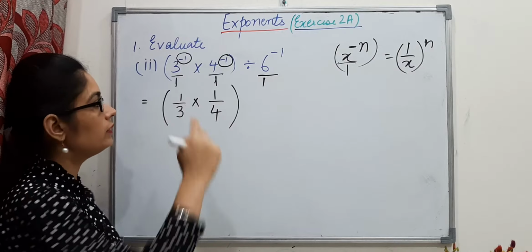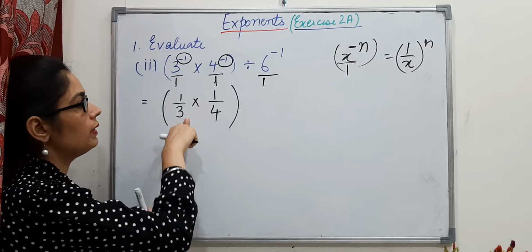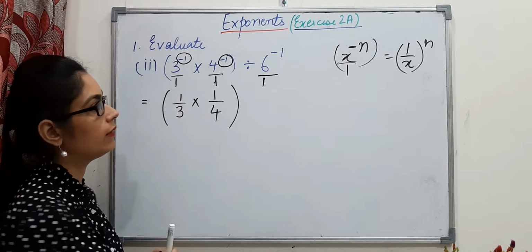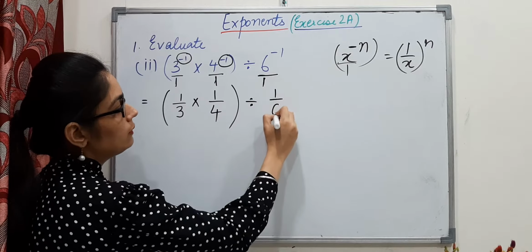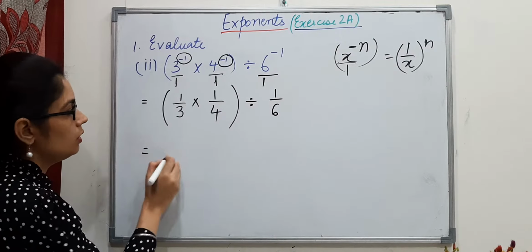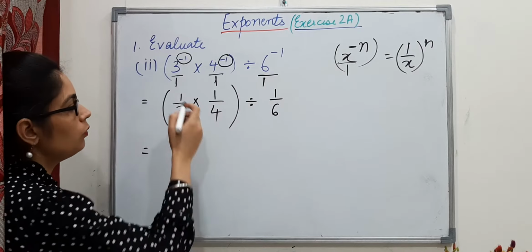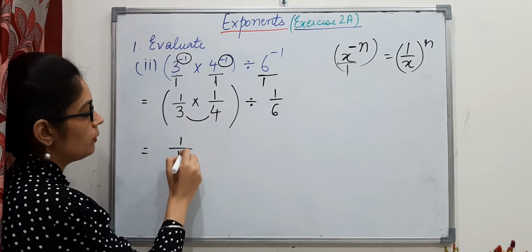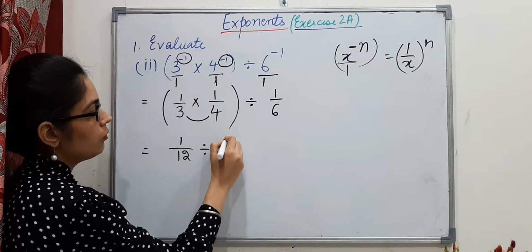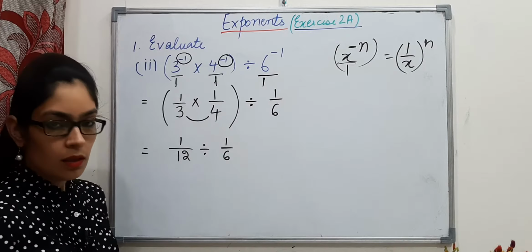Reciprocal means I have changed numerator into denominator and denominator into numerator. Same here also, so it will become 1 by 6. Simple multiplication we can do. So 1 into 1 is 1, 3 into 4 is 12, divided by 1 by 6.